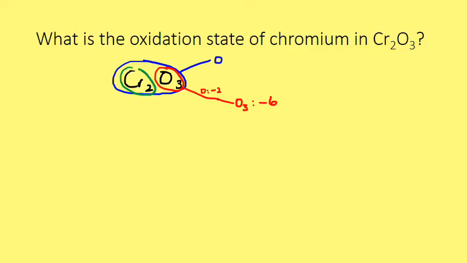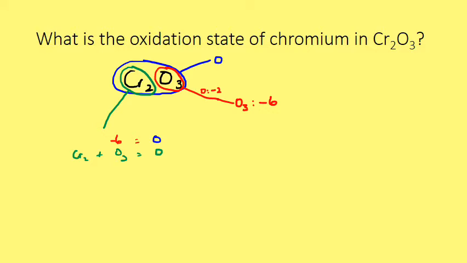The 2 chromiums must account for the -6 to leave the whole compound as neutral. So if we write this down, chromium 2 plus the oxidation state of oxygen 3 has got to be overall neutral. This oxygen we know as -6, and the overall is 0.